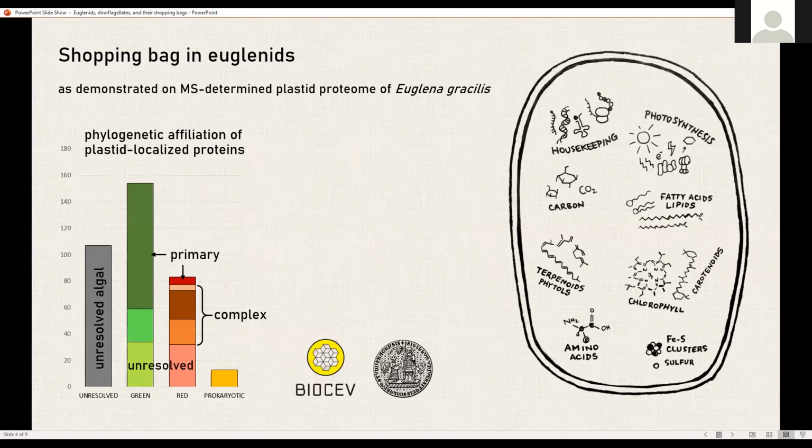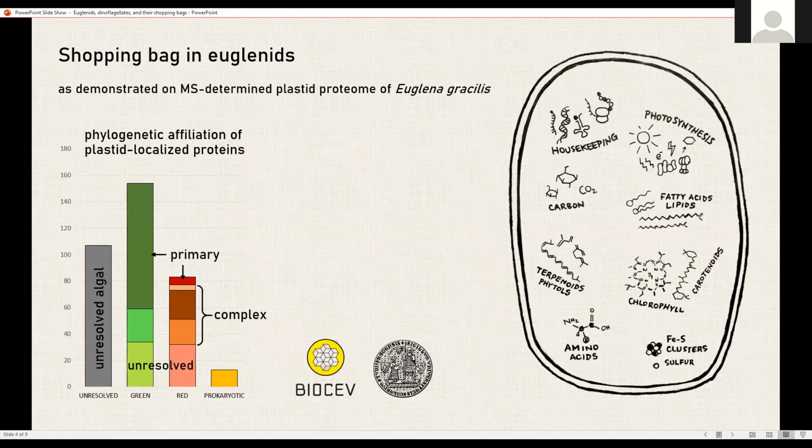So my previous work focused on euglenophytes. We analyzed the mass spectrometry determined plastid proteome of Euglena gracilis, and among other things, we tried to sort the non-green genes into narrower categories.